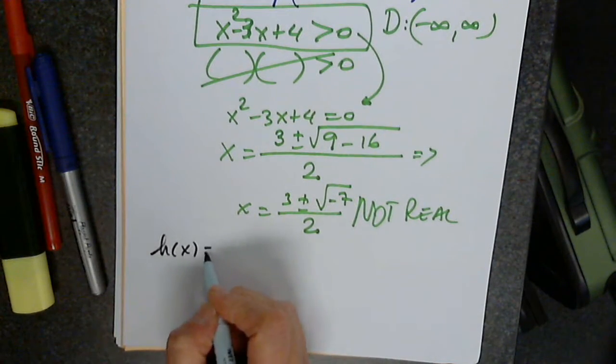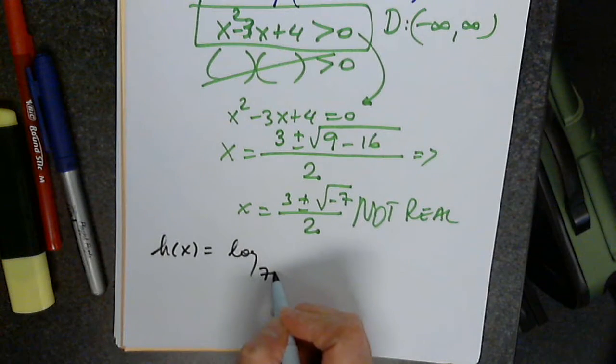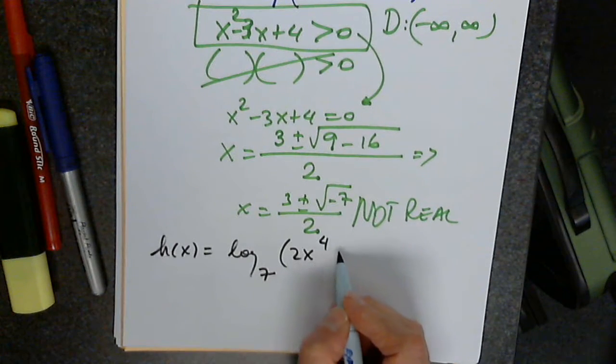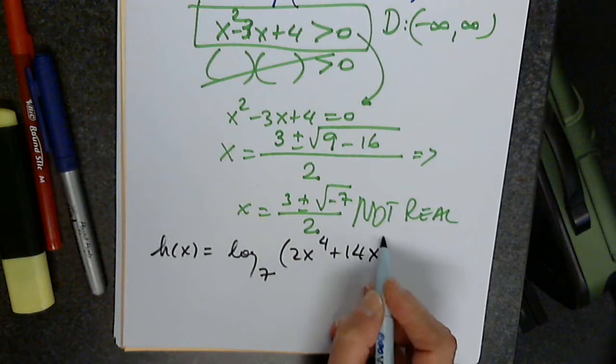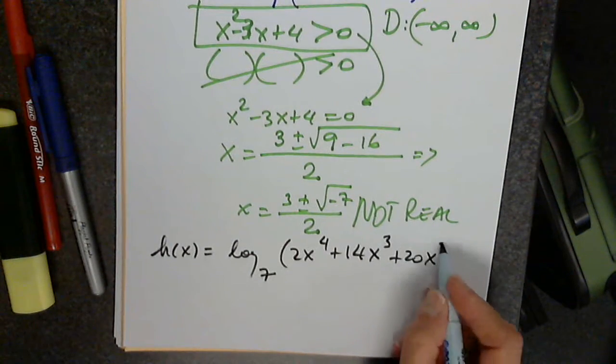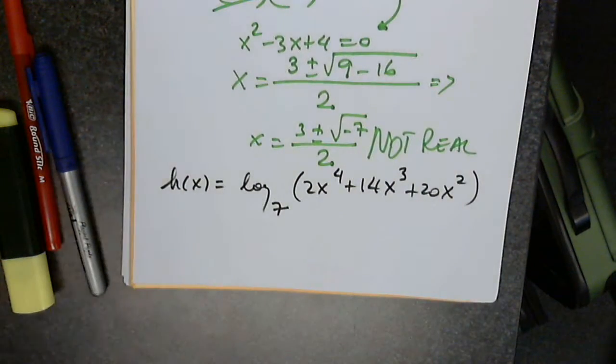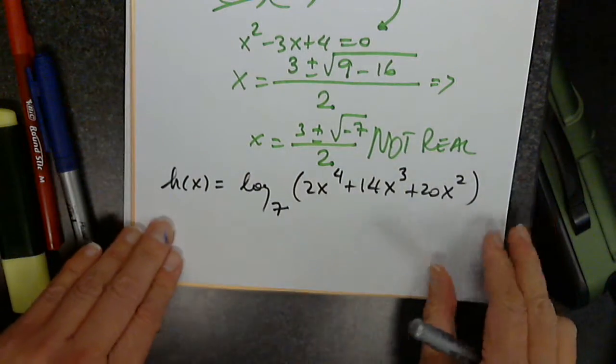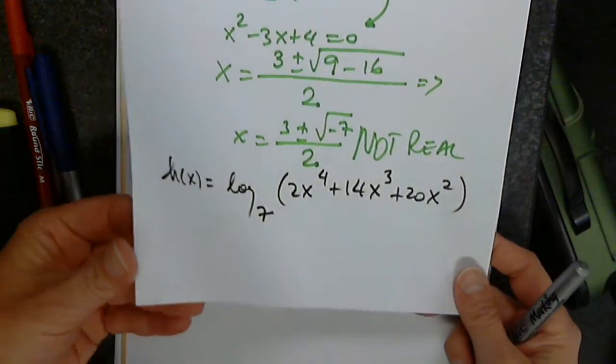Okay, h of x equals log base 7 of 2x to the 4th plus 14x cubed plus 20x squared. Again, the same question. I'm asked to find the domain of this function. What do I have to write and solve?